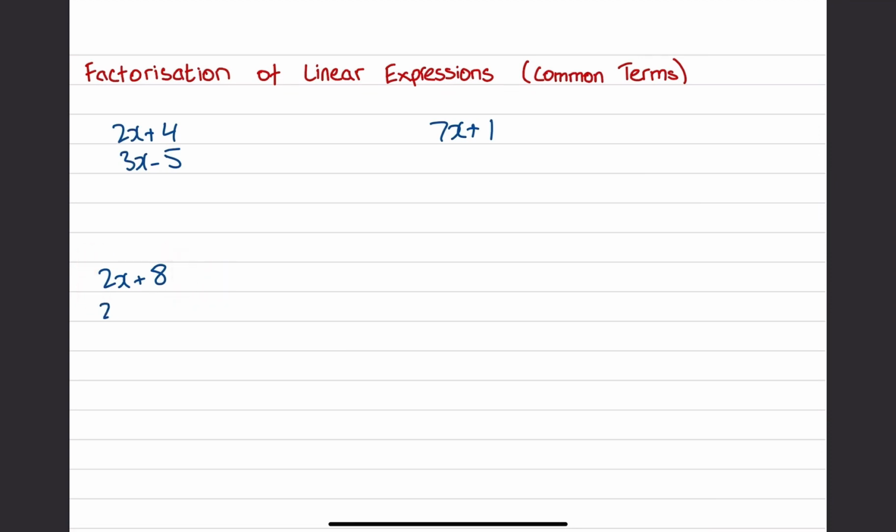So we can also write this as 2 times x plus 4, and this is as far as I can factorize this. Now if I were to open this, 2 times x and 2 times 4, I'd get 2x plus 8, which is the same as this.